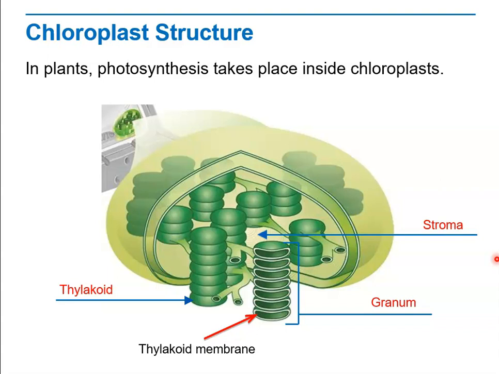So in a chloroplast, we have two membranes, a double membrane forming the outside of the chloroplast, and then inside the chloroplast we have a fluid called stroma, and then in the stroma we have stacks of thylakoids called grana, and the membranes of those thylakoids contain pigments like chlorophyll.